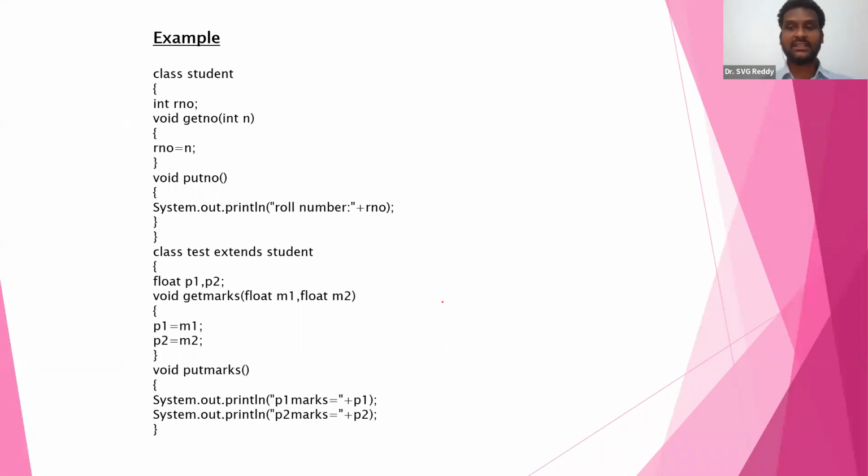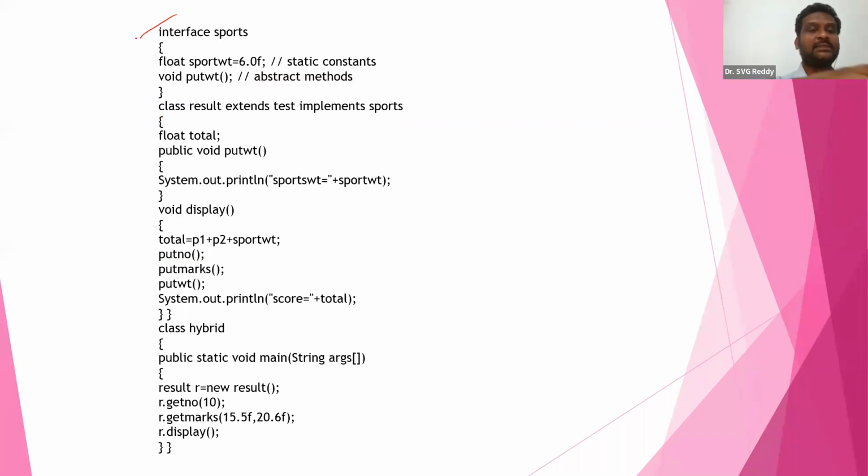Now quickly let's see the program to understand. See, we have class student, which contains variable room number and functions get number and put number. And we have a class test, which contains variables p1, p2, get marks method and put marks method. We have an interface ports.